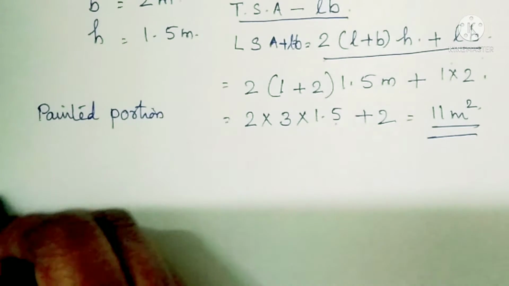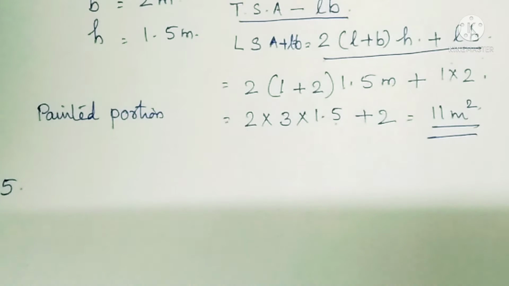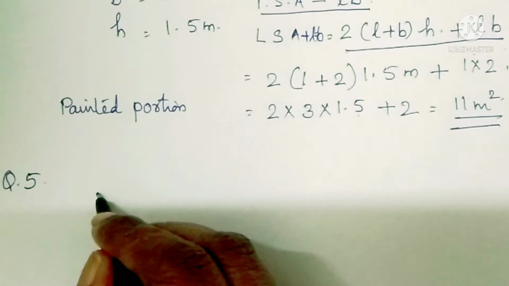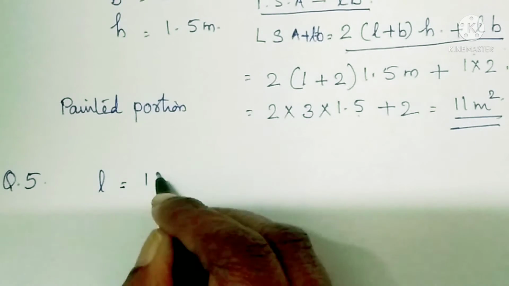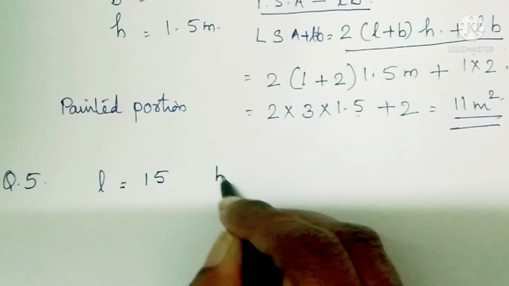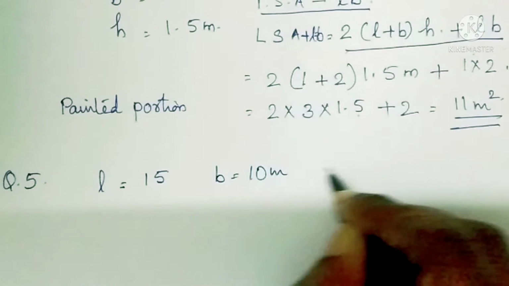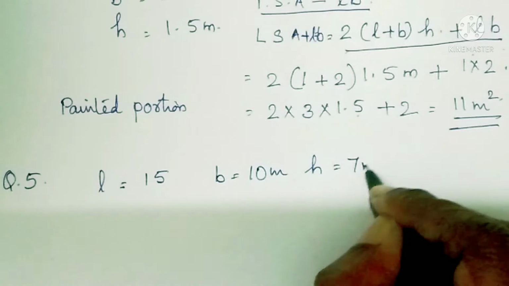Now the next question, question number 5, is: Daniel is painting the wall and ceiling of a cuboidal hall with length, breadth and height 15 meter, 10 meter and 7 meter respectively. From each can of paint 100 meter square of area is painted. How many cans of paint will she need to paint the room? Same type of question, that is L is equal to 15 meter, B is equal to 10 meter and H is equal to 7 meter.